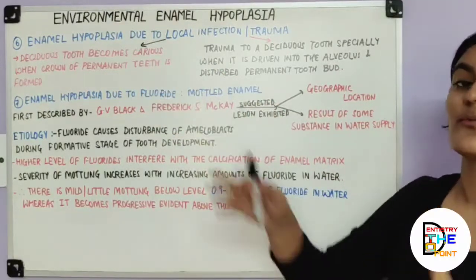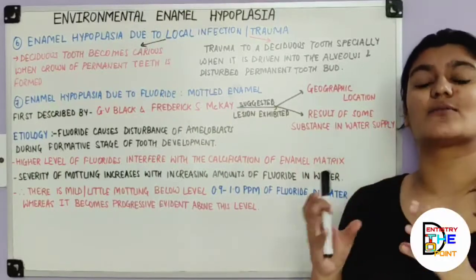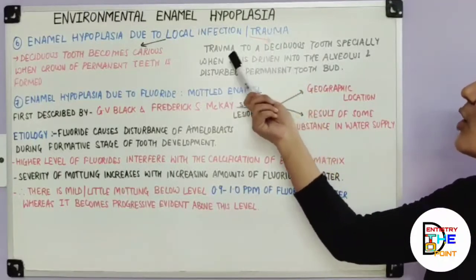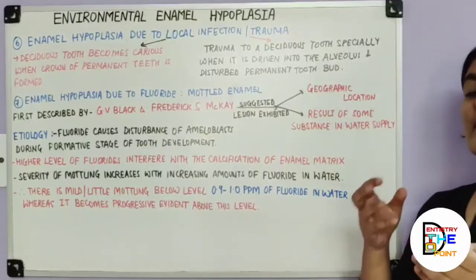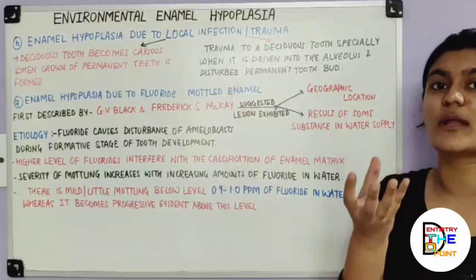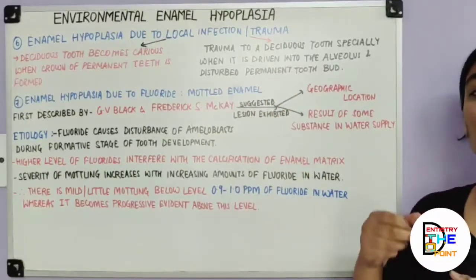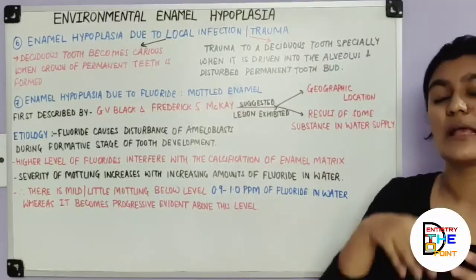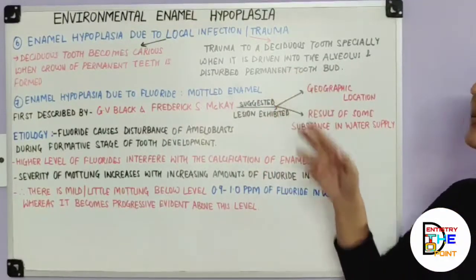And this hypoplasia is obviously going to depend upon the severity of the infection and the part of the tissue that is involved. Similarly, talking about trauma, trauma to a deciduous tooth, especially when it is driven into the alveolus, beneath which there is a permanent tooth bud, is going to disturb the ameloblastic layer of the permanent tooth bud.